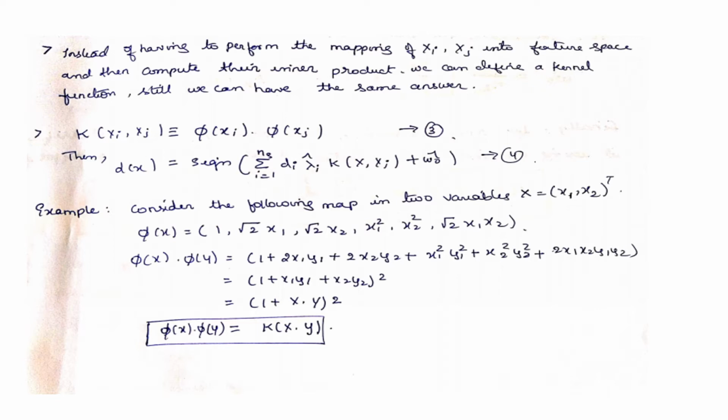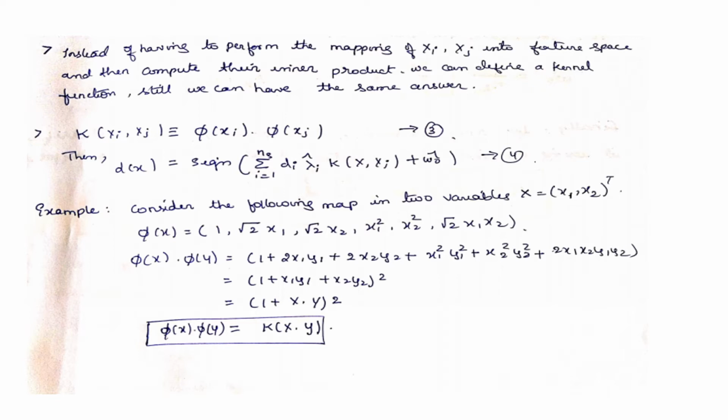If we take the inner dot product of phi of x dot phi of y, it equals 1 plus 2 x1 y1 plus 2 x2 y2 plus x1 square y1 square plus x2 square y2 square plus 2 x1 x2 y1 y2, which reduces to 1 plus x1 y1 plus x2 y2 the whole square, which can also be rewritten as 1 plus x dot y the whole square.